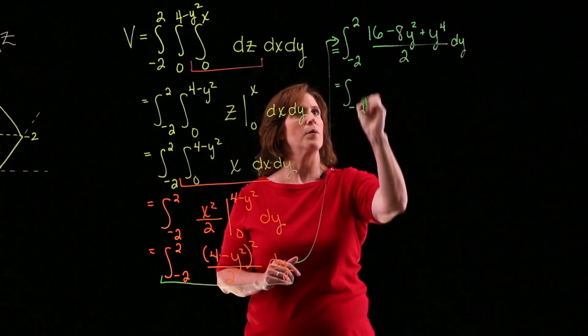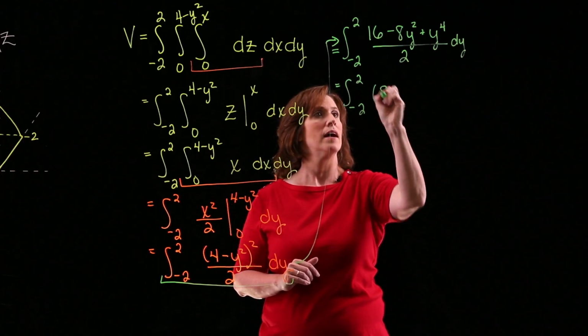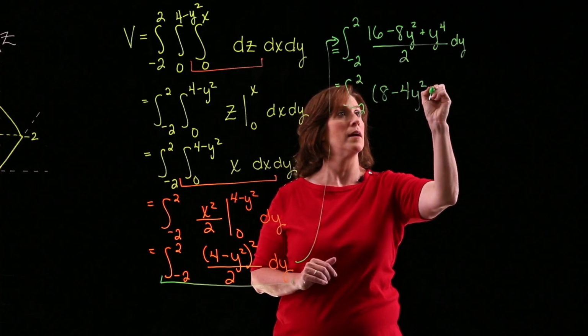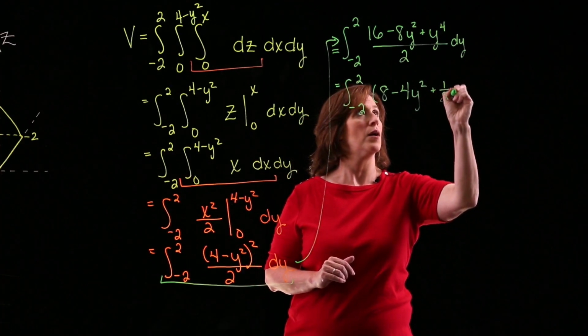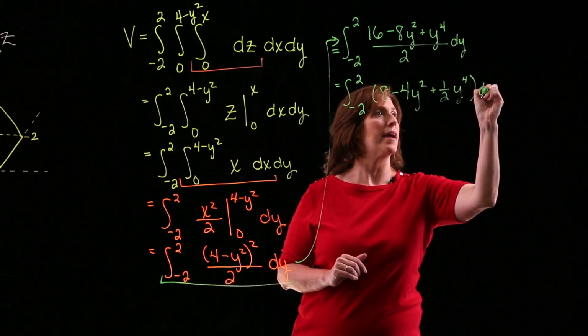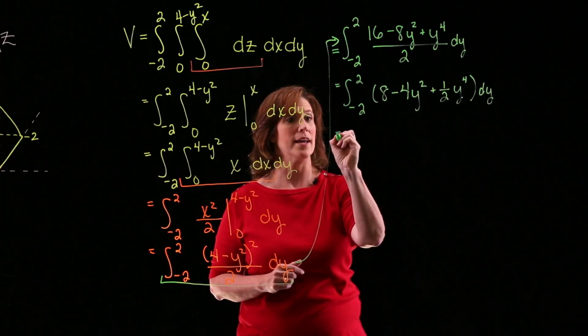Doing a little more simplifying with the integrand, I'll now have 8 minus 4y squared plus 1/2 y to the 4th dy. All right, my integrand's simplified now, so I can go ahead and integrate.